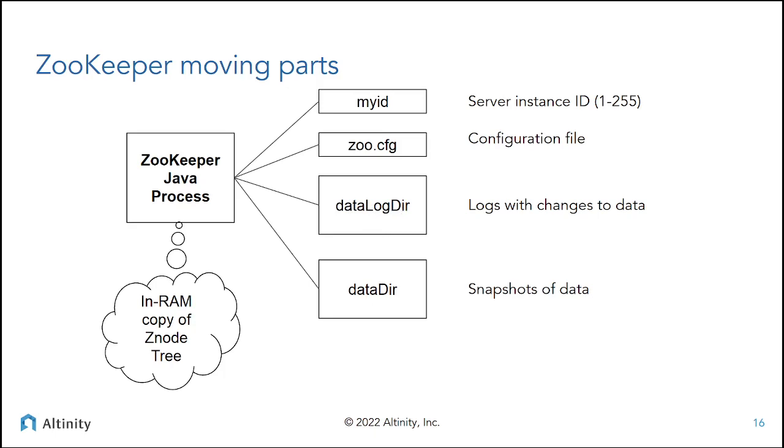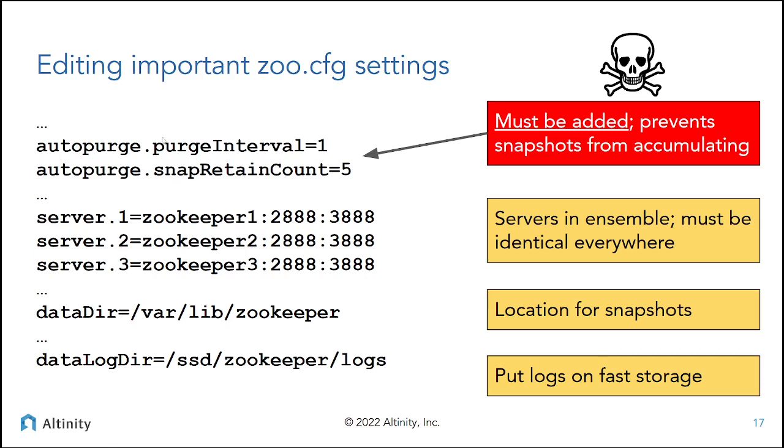So these are your moving parts. When you're setting up Zookeeper, there are some things you are going to have to set in this zoo.config file. So let's just have a quick look at them. This is a really important setting, called auto purge. Zookeeper collects these snapshots, but by default it does not remove them, at least in older versions of Zookeeper, so you must add these lines.